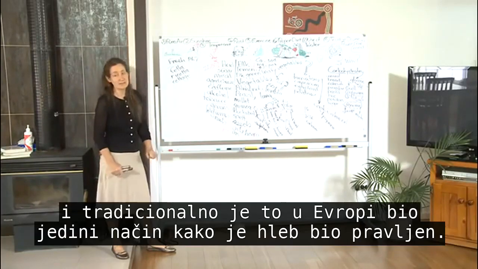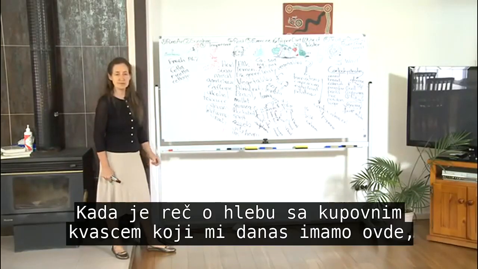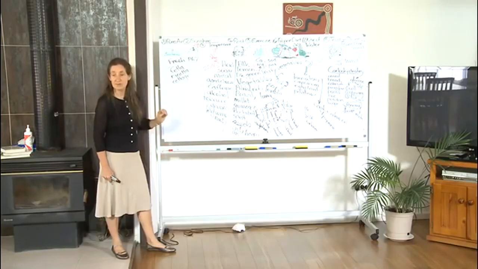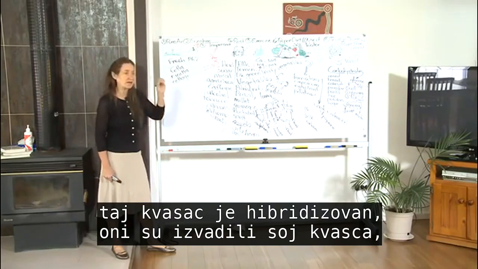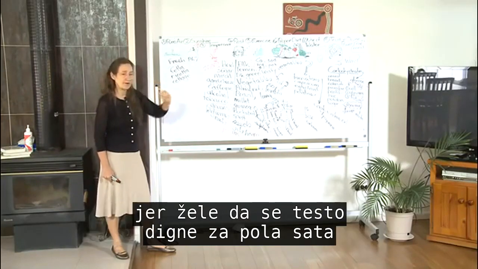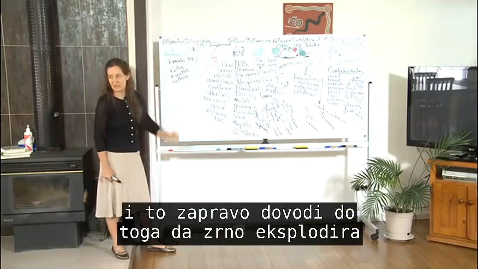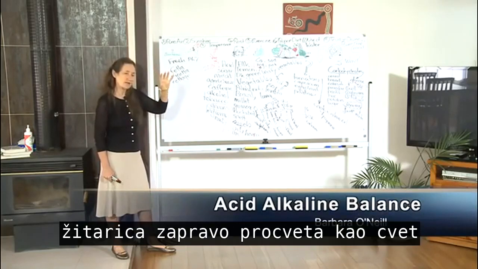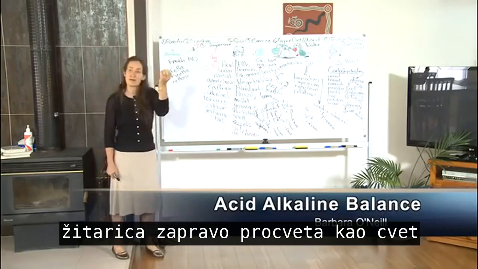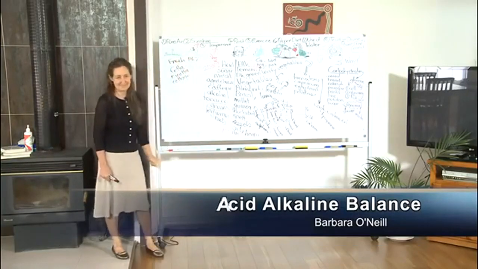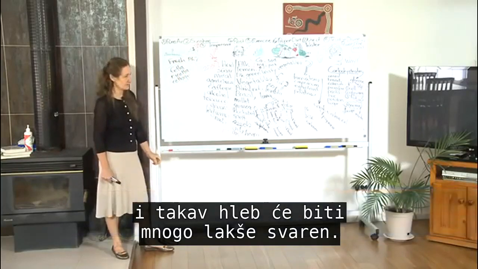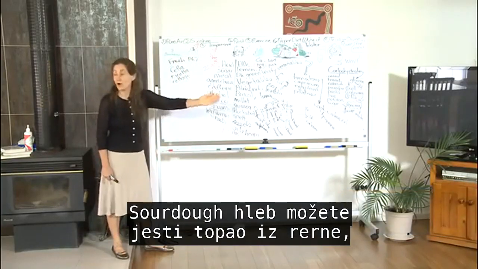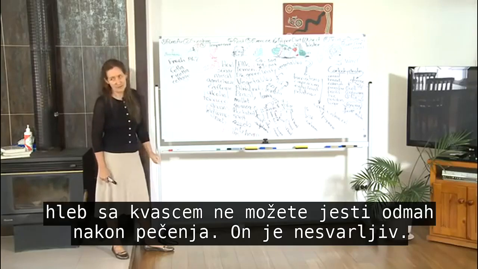And traditionally, in Europe, that's the only way bread was ever made. The yeast bread that we get in Australia today, they've hybridised the yeast. They've extracted that yeast strain because they want it to rise in half an hour. It actually causes the grain to explode, whereas the sourdough process causes the grain to blossom like a flower. And it's much easier to digest. You can eat sourdough bread hot out of the oven, but you cannot eat yeast bread hot out of the oven. It's indigestible.